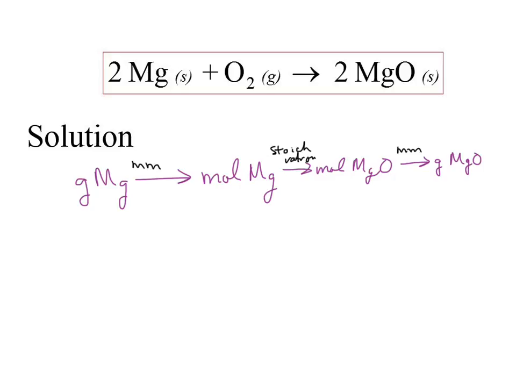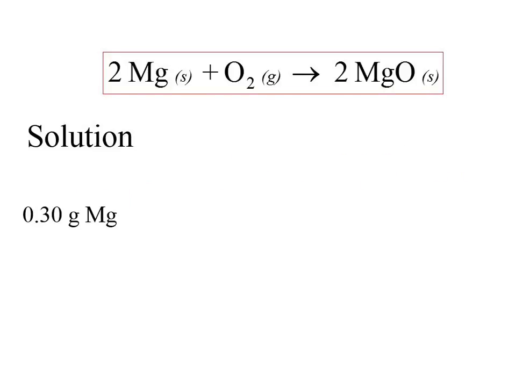They're very symmetrical. So here we go. The first term is going to be that mass of magnesium, 0.30 grams of Mg over 1. And we know we need to use 24.31 grams per 1 mole, so we're going to have to flip it. So the next term is 1 mole Mg over 24.31 grams of Mg. Now this is where I know I need to use my stoichiometric ratio.